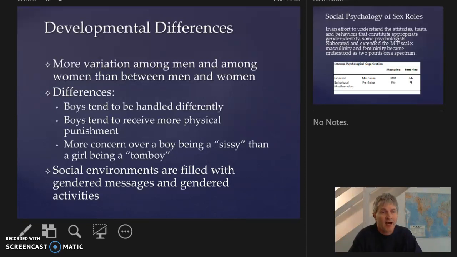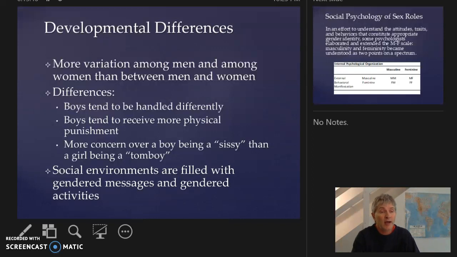This is a common understanding when we're talking about comparing differences between groups, whether that's comparing differences based on race, for example. What we find in the differences between whites and African Americans is usually there's less difference between Caucasians and African Americans than there is within the categories themselves.